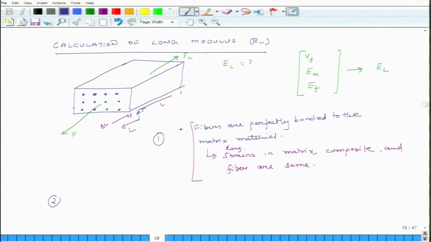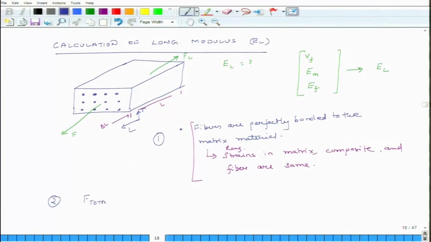The second observation is that F is the total force I apply. Now, some of this force is being taken by fibers and some of the force is being taken by the matrix, right. And what is the relation between the force being taken by fibers, matrix and total force?